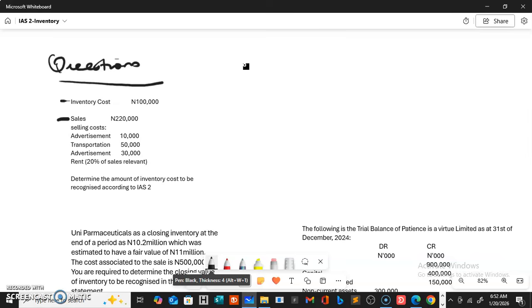So we now have the selling costs as advertisement 10,000, transport 50,000.